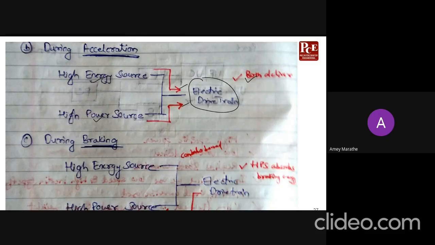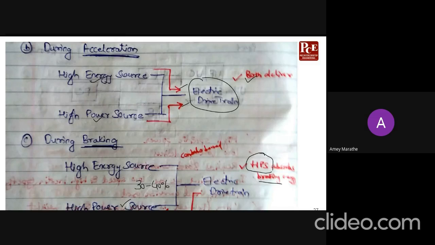During braking, the high energy source will do nothing, whereas for whatever regeneration is happening, your high power source, you see this HPS, will absorb the braking energy. And what is the efficiency of regeneration? It is only 30 to 40% maximum I'm talking about. So your high power source will absorb the regenerative energy. This is what it means.